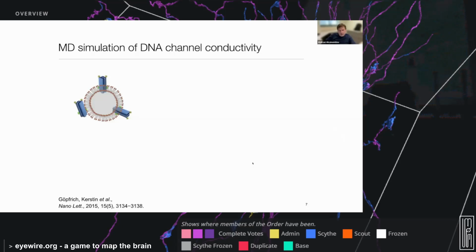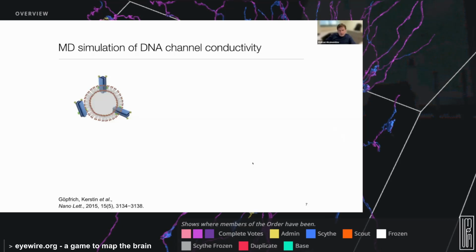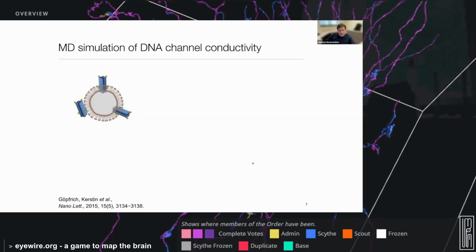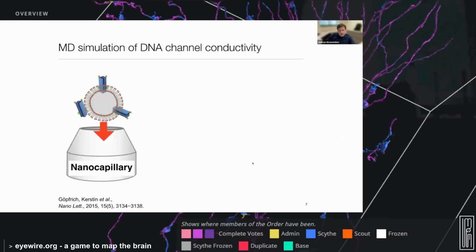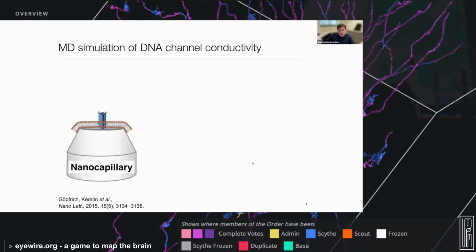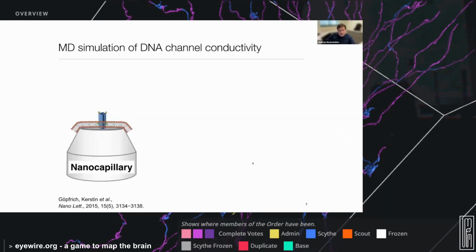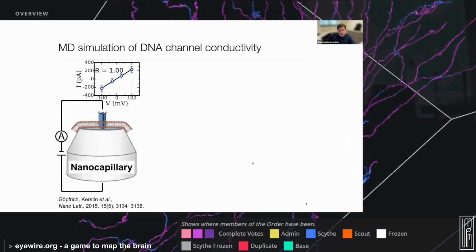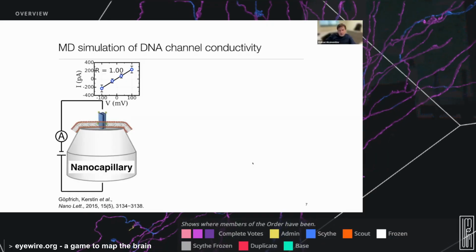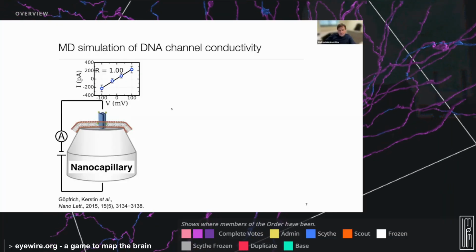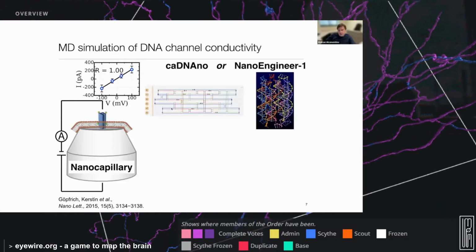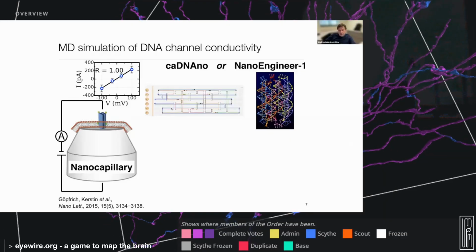In experiment, you characterize DNA nanopores by first embedding them into vesicles and then placing them on a nanocapillary. So once they're placed in a nanocapillary, you apply an electric field using electrodes and you measure currents that flow through it, so you get a current versus voltage curve. Now we can do exactly that in our computational microscope.